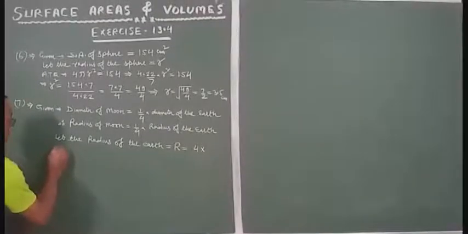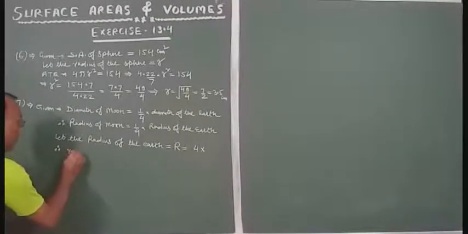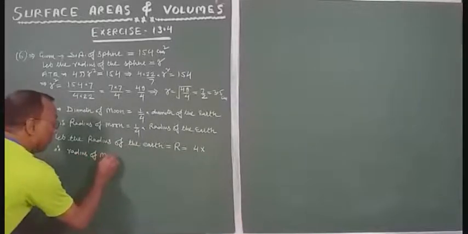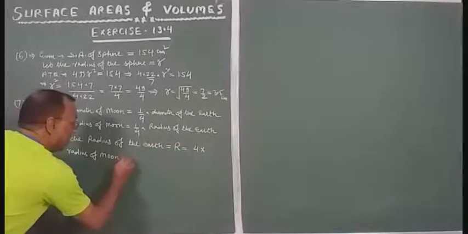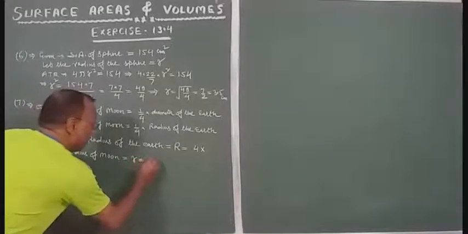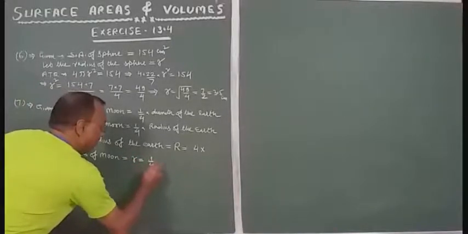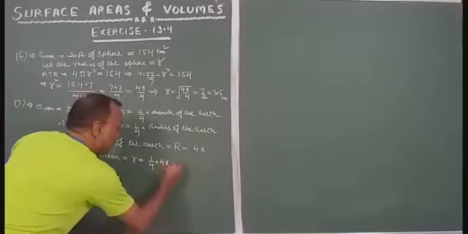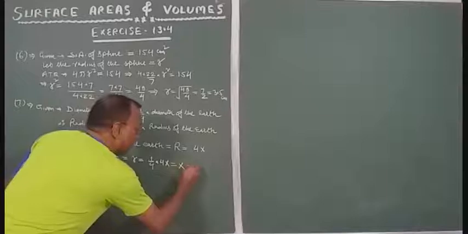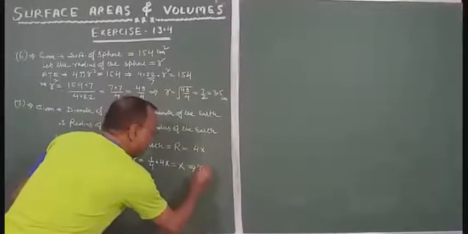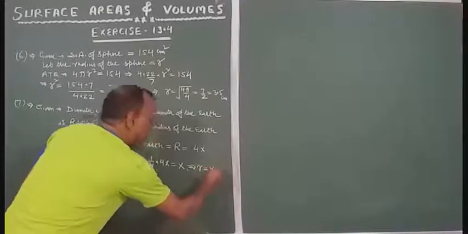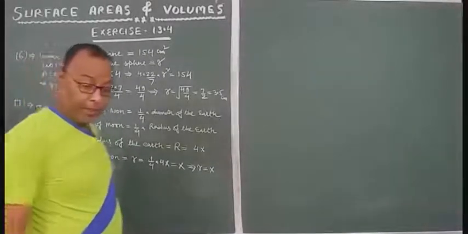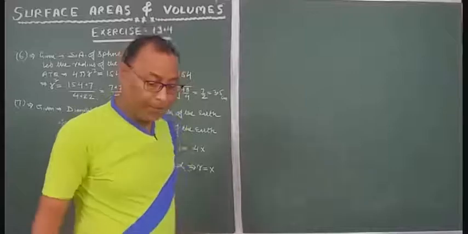Therefore, the radius of the moon, which I am denoting with small r, will be 1/4 of the radius of the earth, that is x. So the radius of the moon is x. The question is to find the ratio of their surface areas.